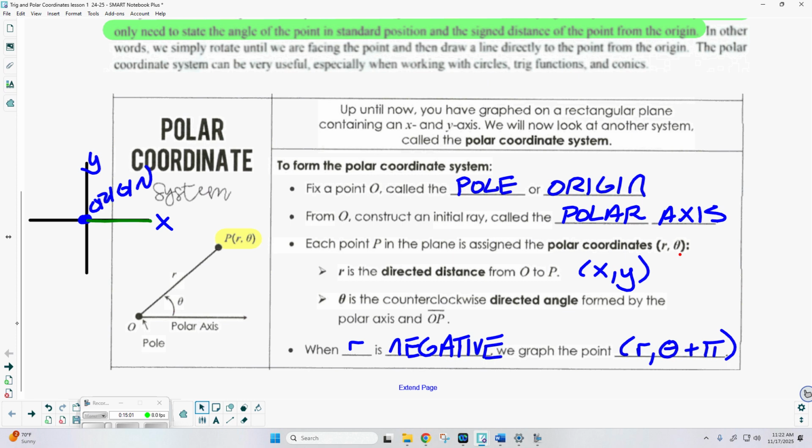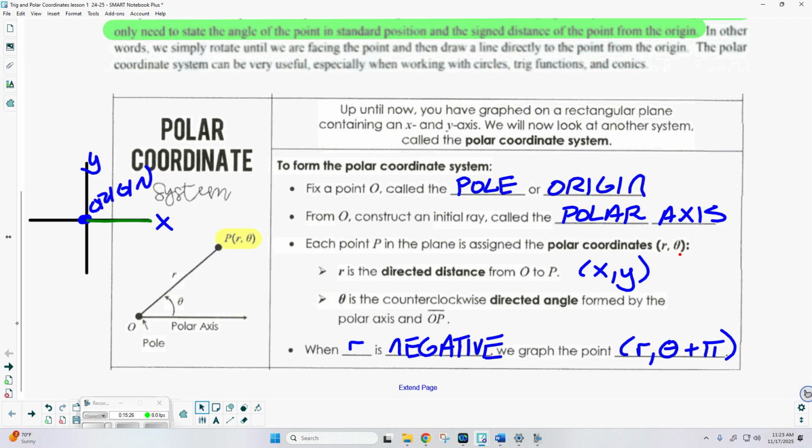From O, construct an initial ray called the polar axis. So you might remember from your rectangular coordinate system, the positive x-axis, we always refer to that as standard position. So instead of calling it standard position now, the positive x-axis, we're going to call it the polar axis. Okay, so the origin is now the pole, and standard position is now the polar axis.